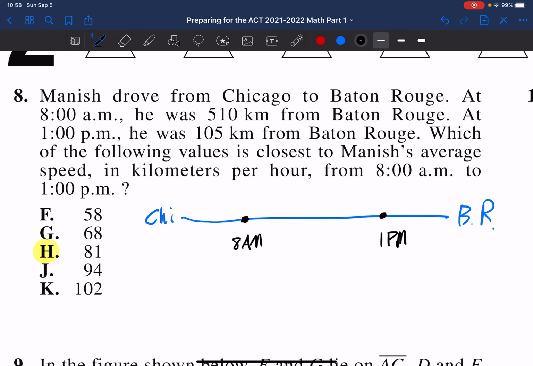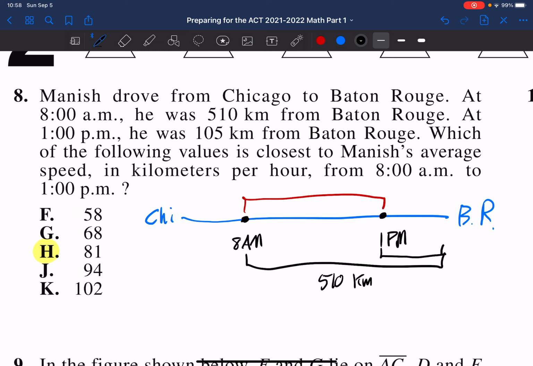So the question is, in this time, right here, what was his speed? Now we do know that at 8 a.m., he was 510 kilometers away. And then at 1 p.m., it's 105 kilometers.